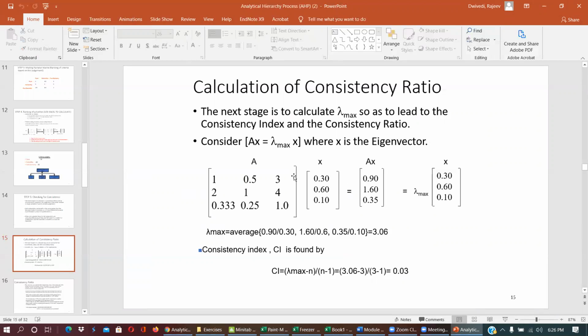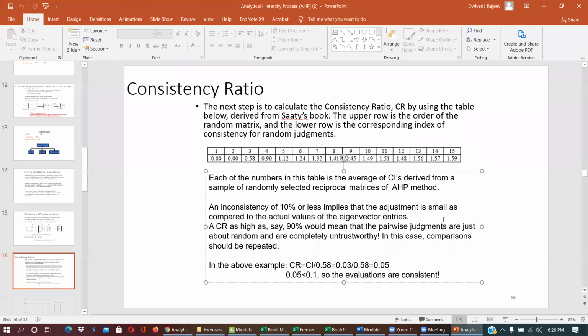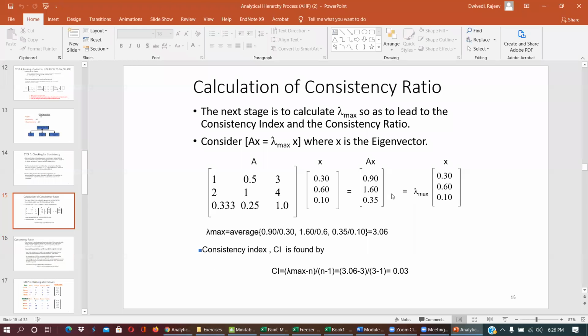So this is the multiplication of A into X, which is AX, and now equal to lambda max times 0.3, 0.6, 0.1. Again what we are going to do is take 0.9 divided by 0.30, which is the weight of style. 1.6 divided by 0.60 and 0.35 divided by this. So we are going to take the average of everything.